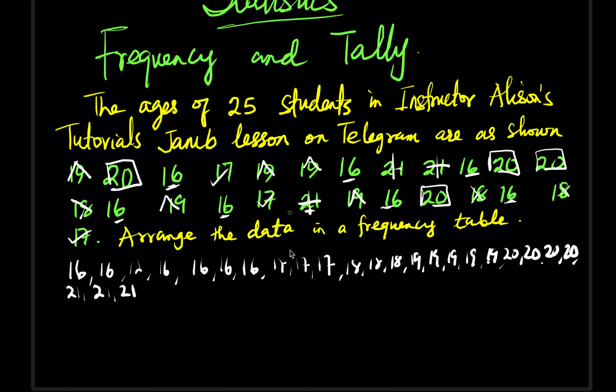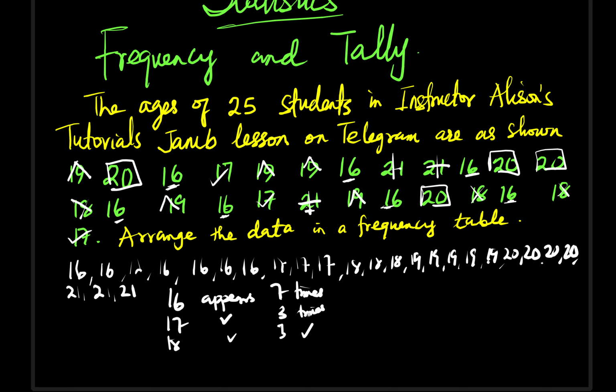Now, what do we need to do? We start the tally counting. Tally marks help us count easily. Every time you see a particular number, you mark it. So that means 16 appears 7 times. 17 appears 3 times. 18 appears how many times? 1, 2, 3. 3 times.